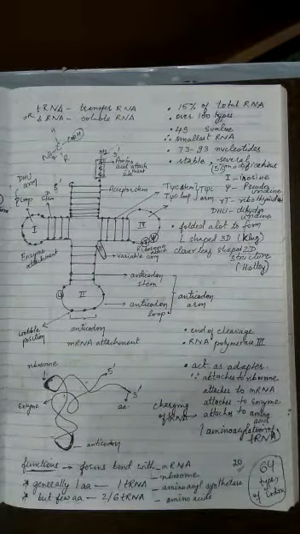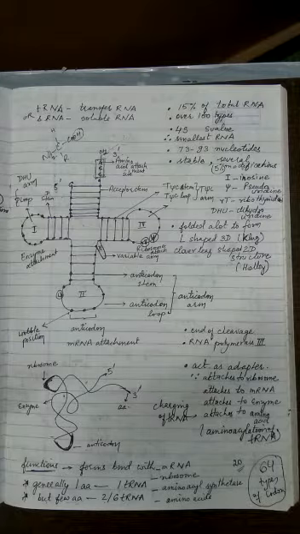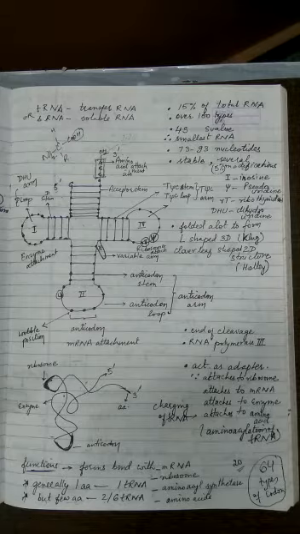Now this CCA is not a part of the DNA information. It is done at the end. So after transcription, the RNA undergoes some changes, called post-transcriptional events or modifications. These modifications assist in the proper functioning of the machinery.